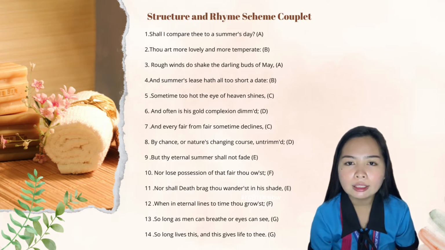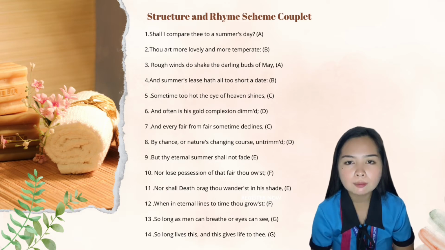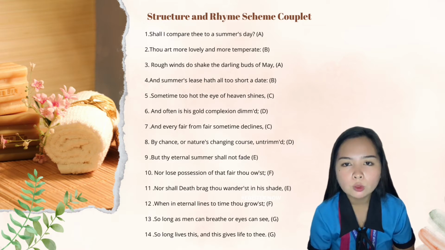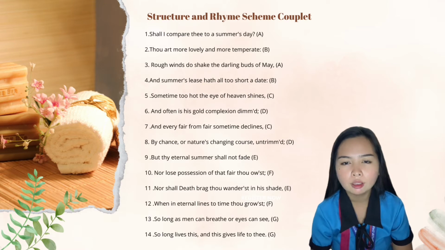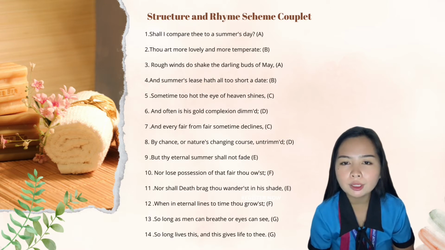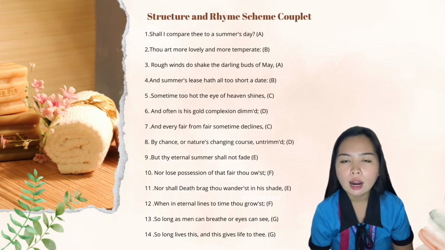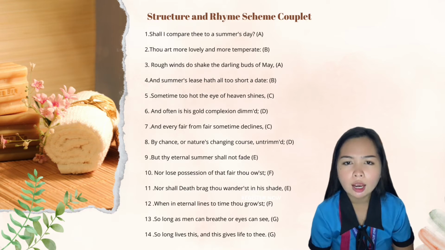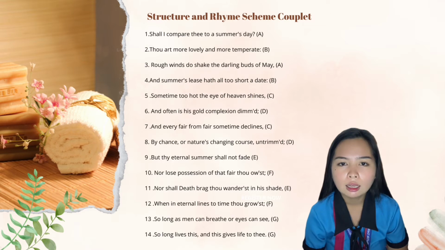At line 9 is what's called the volta. The speaker turns from the question to the answer, or from the proposal to the suggestion, from the central statement to a complication or a response to, or an extension of, the statement. In the final quatrain, notice in Sonnet 18.